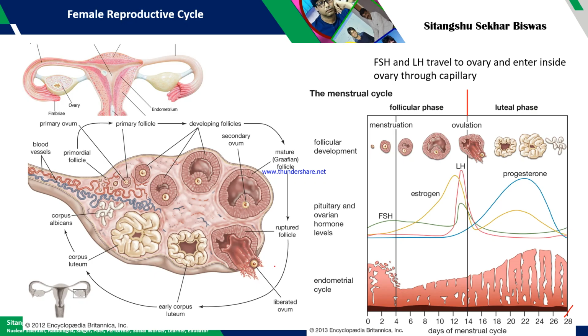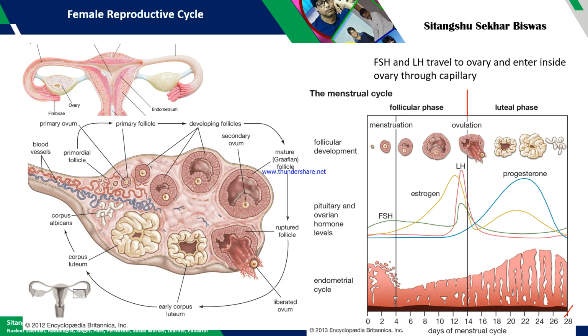After the follicle is ruptured and the ovum is liberated from it, that follicle is called the corpus luteum.